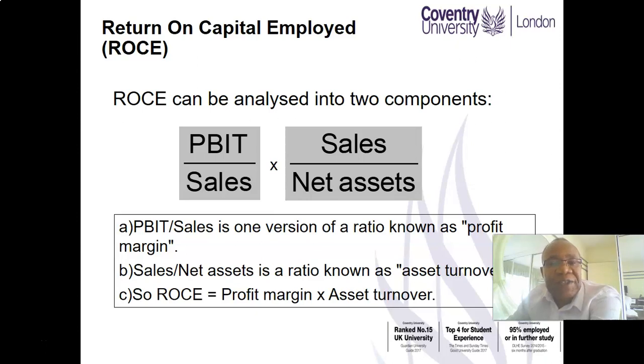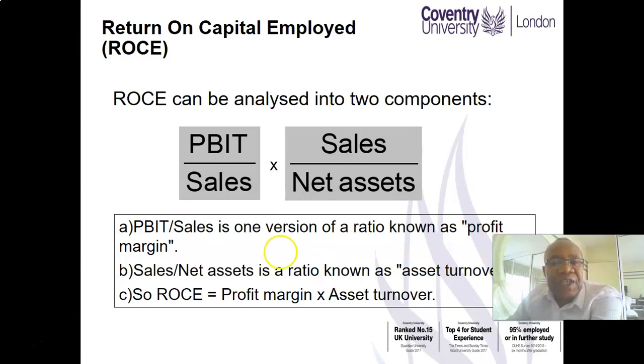If you divide that by sales, that gives us the profit ratio, the profitability of the company. Whereas the sales over net assets, being total assets less current liabilities, will give us the asset utilization. So if you multiply these two ratios together, that will give us the return on capital employed.